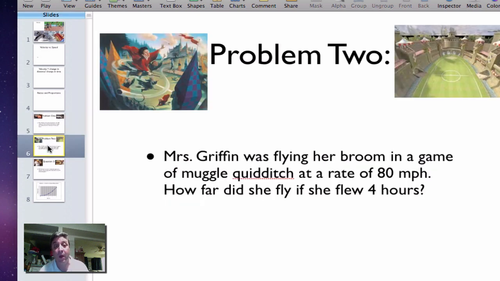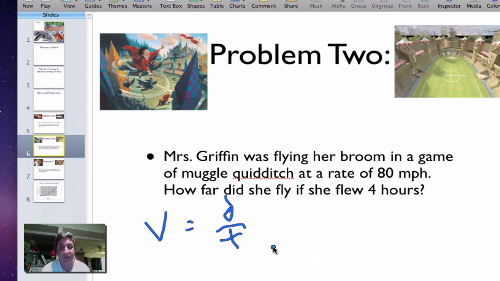Problem 2. Mrs. Griffin was flying her broom in a game of Muggle Quidditch at a rate of 80 miles per hour. How far did she fly if she flew 4 hours? It's a little bit different. I want you to stop and try to solve this. Okay, we're back. Remember, velocity equals distance over time. But this time they didn't give me the distance.